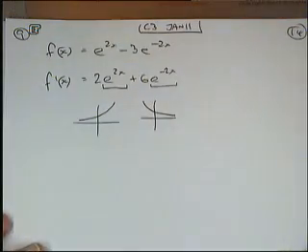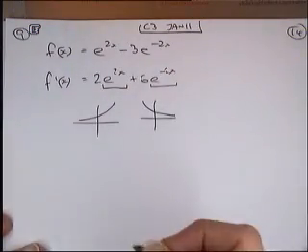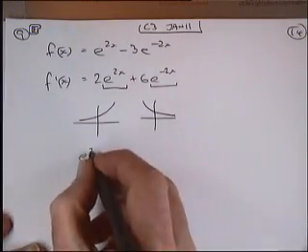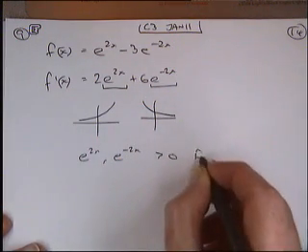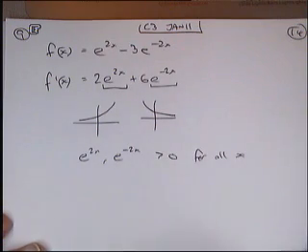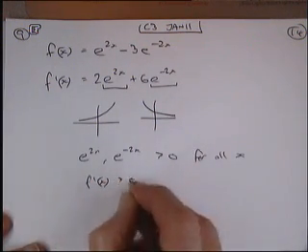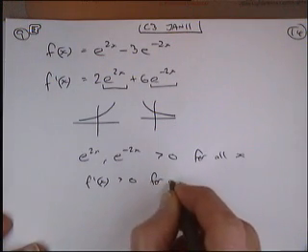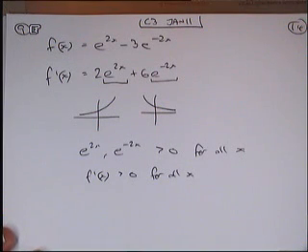You need to write down the fact here that those bits are always positive, so the whole thing will be always positive. So you just need to write down that e to the 2x and e to the minus 2x are always greater than 0 for all values of x. So it follows that the derivative is also greater than 0 for all values of x. And a little sketch of those graphs certainly won't harm.